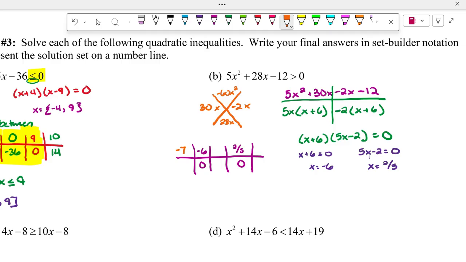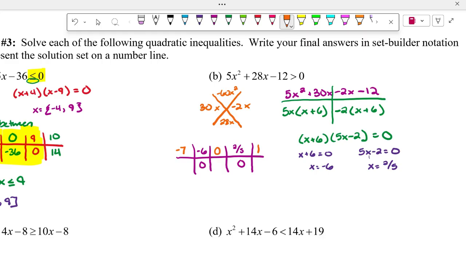Then I can use 0. And then a number greater than 2/5 is 1. So we can just use 1. And again, it doesn't matter what numbers you pick as long as they fall less than negative 6, in between the two, or greater than 2/5. You could pick any number, but I just pick small ones that make sense.